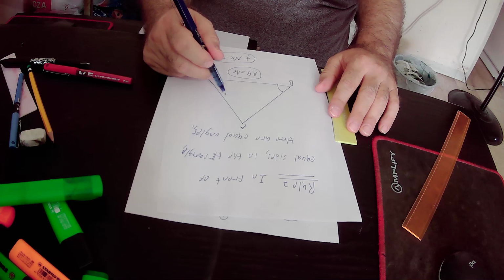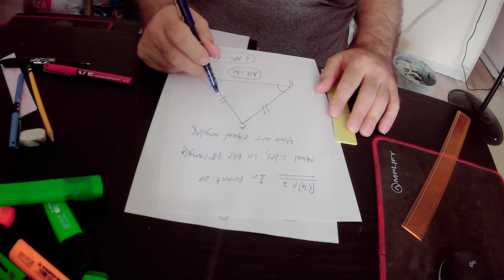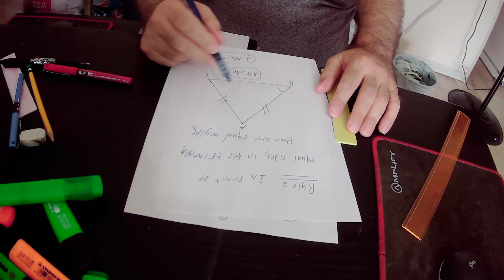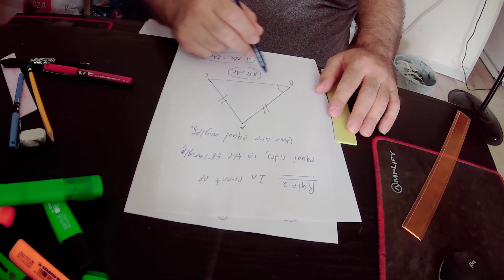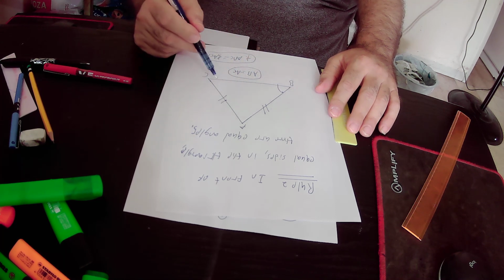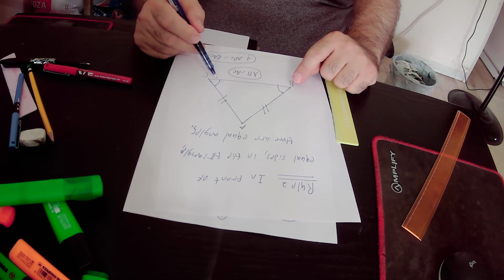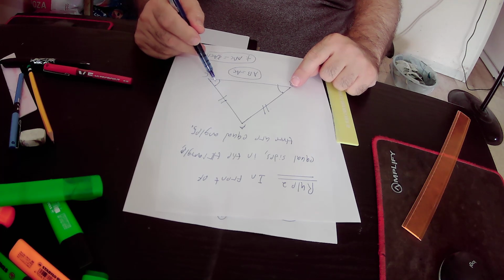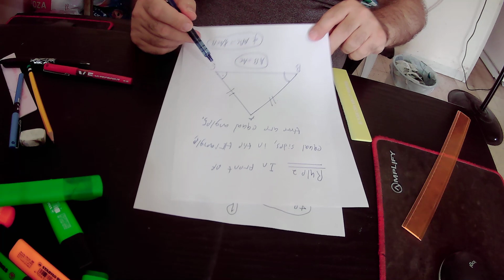Why? Because in front of equal sides there are equal angles. Side AC is in front of angle ABC, and side AB is in front of angle ACB. Therefore, those two angles that are located in front of equal sides are also equal to each other. So angle ABC equals angle ACB.